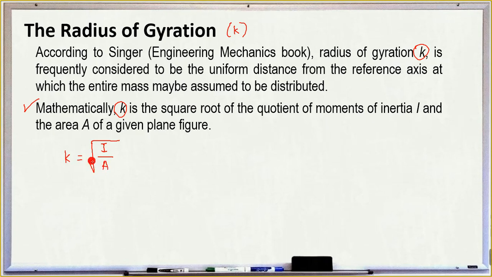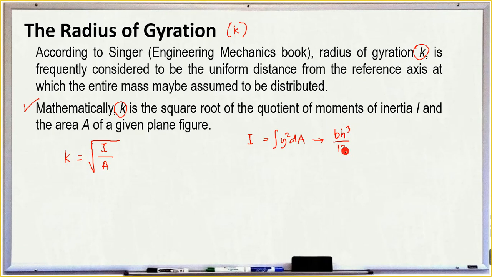If you observe, the moment is mostly the integral of y squared dA. And for the rectangle, we have this generic formula b h cubed over 12.